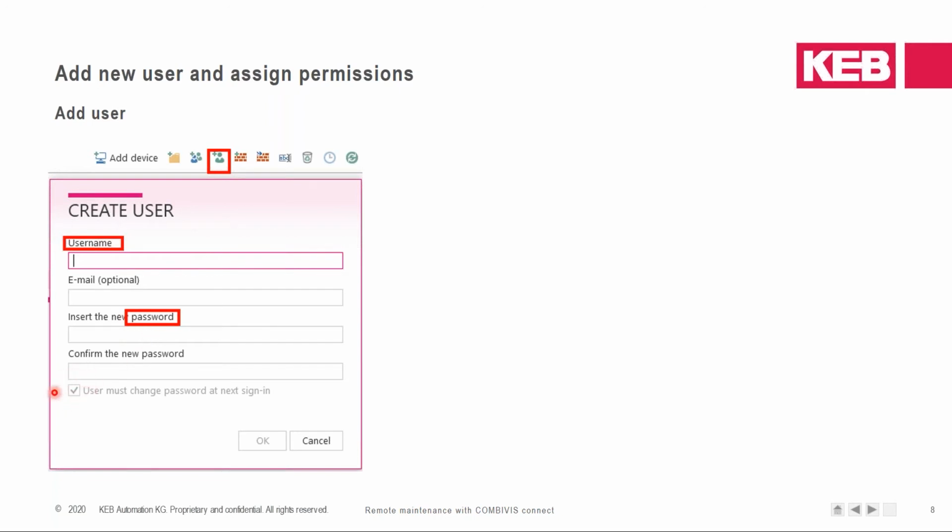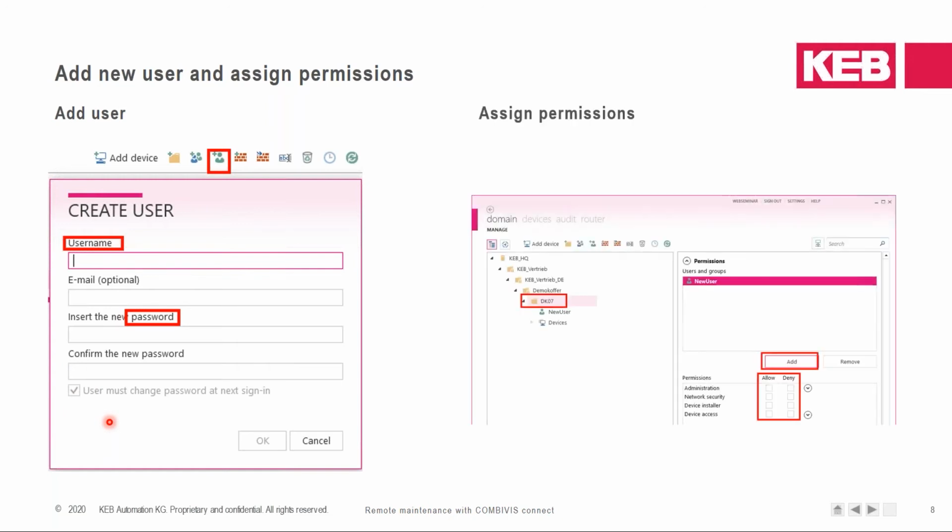And here you can choose if you want the customer, when he logs in for the first time, to change his password. When we add the user, then it's necessary that we assign the permissions.